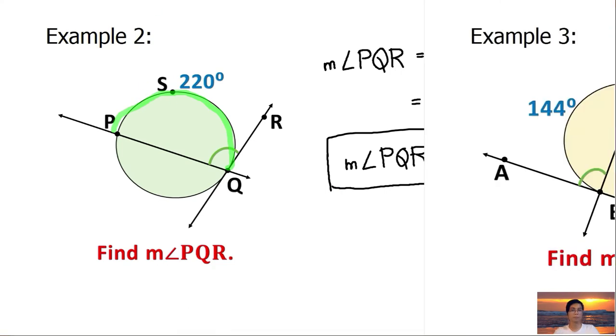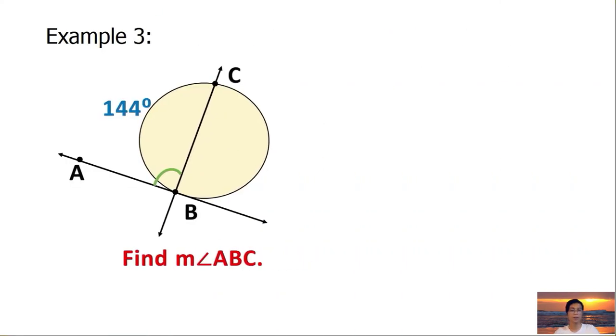Another example. Let's find the measure of angle ABC. So, si ABC, ito siya. Yung kanyang intercepted arc is arc, ayan, CB or arc BC. So, our formula will be measure of angle ABC is equal to 1/2 times the measure of arc CB or BC.